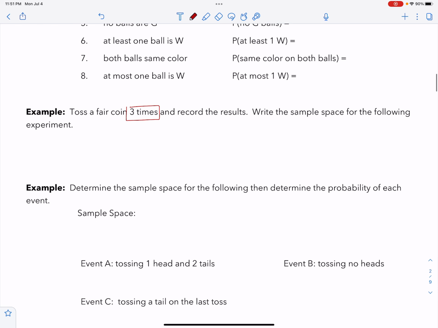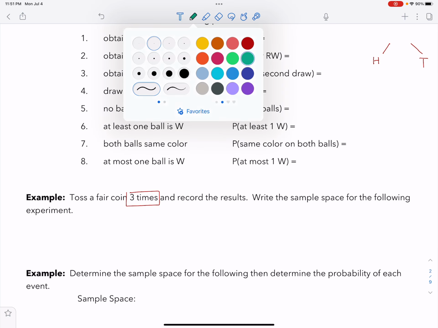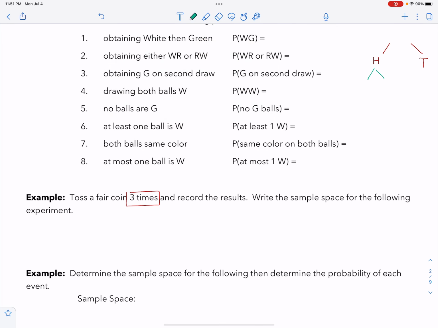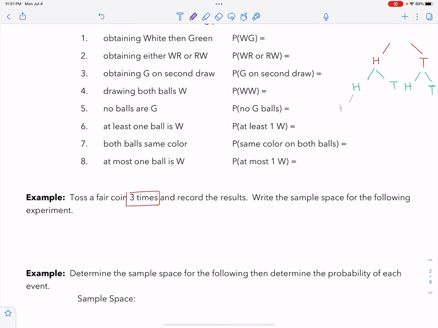On my first toss, I'm going to draw it over here, I can get a heads or a tails. On the second toss, I can toss a heads or a tails. And then on the third toss, I can toss a head or a tail.